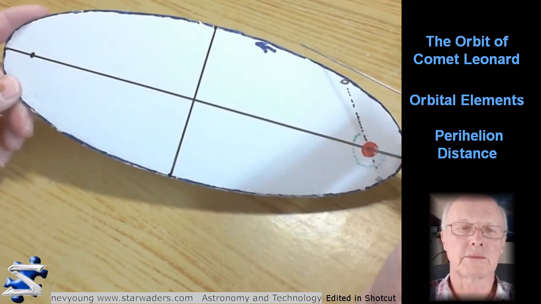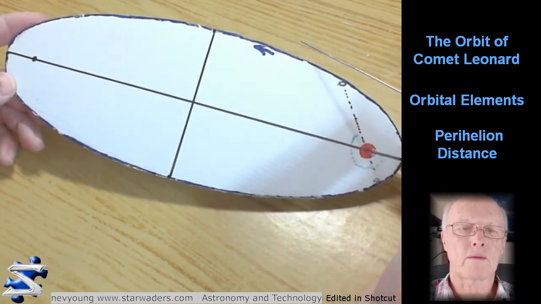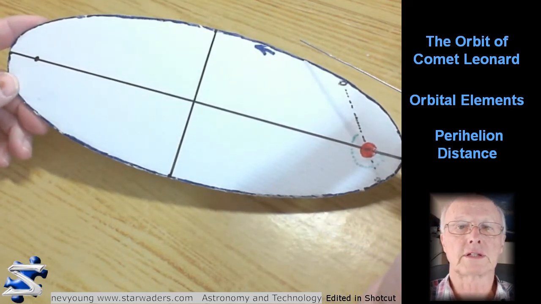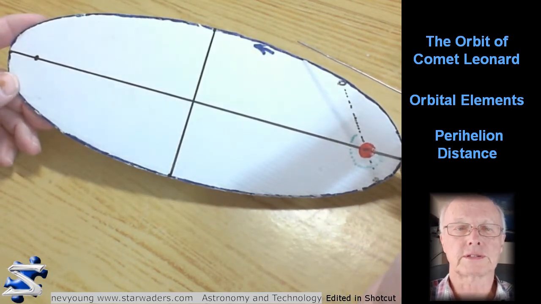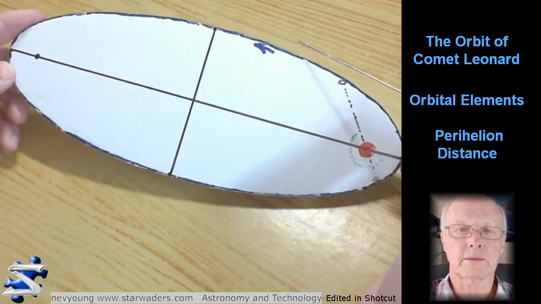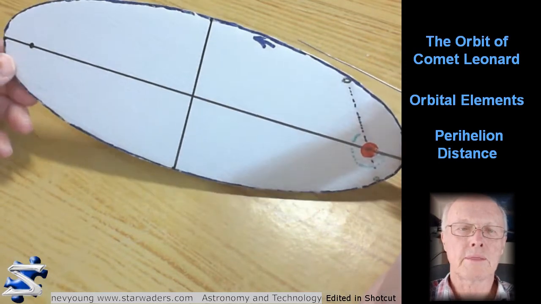We don't know what its dimensions are. So we don't know how far away from the sun it goes to get to its point of aphelion. It's so far away that it's something that we can't really see, somewhere maybe in the Oort cloud.